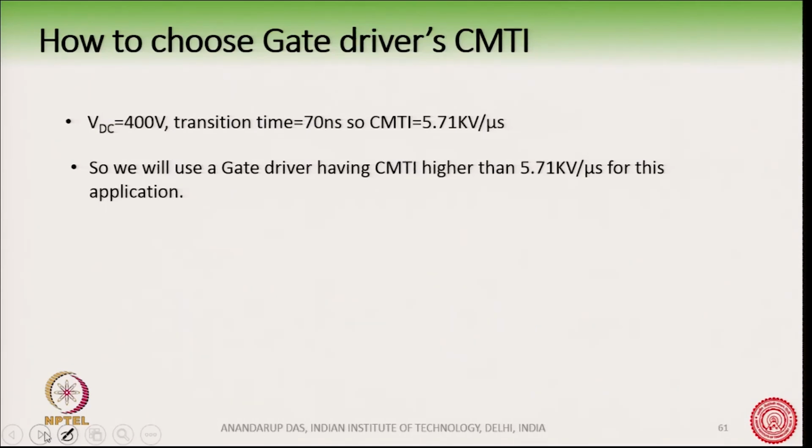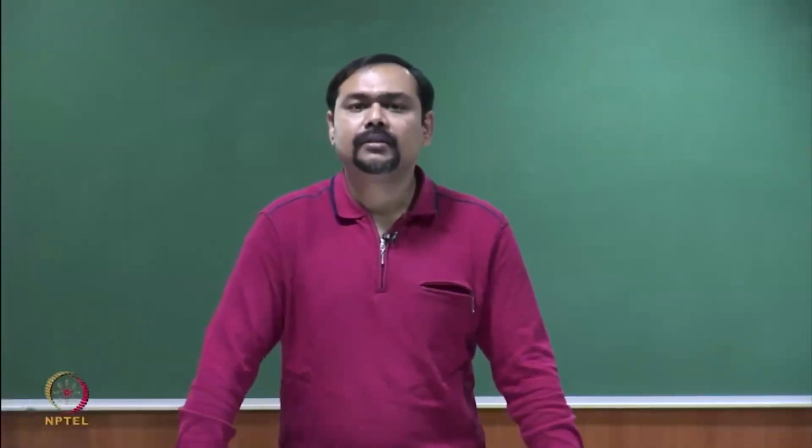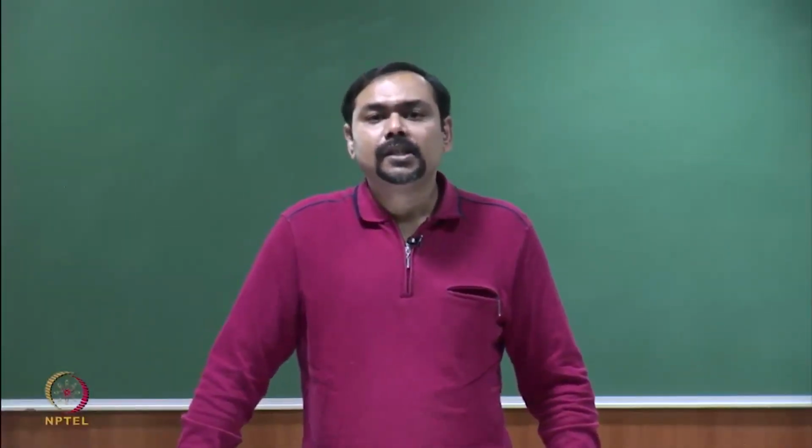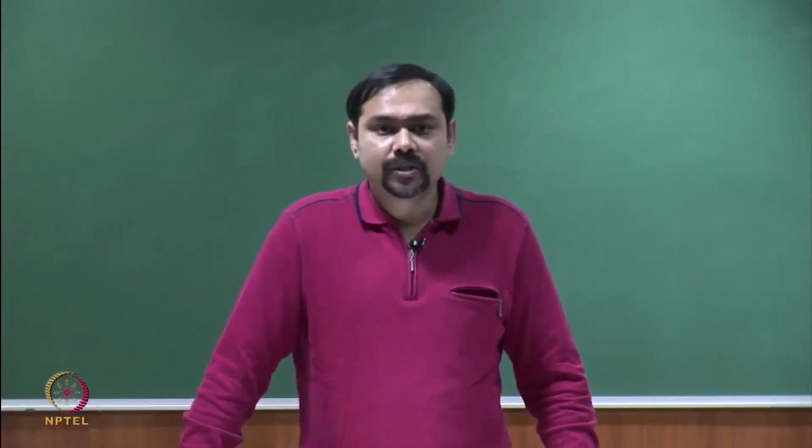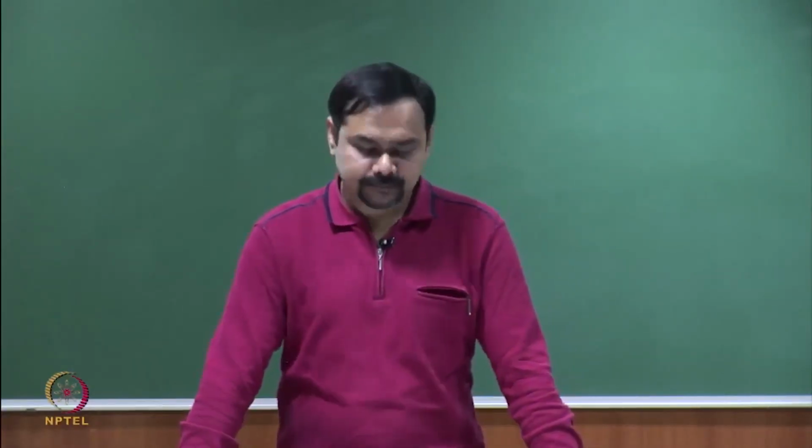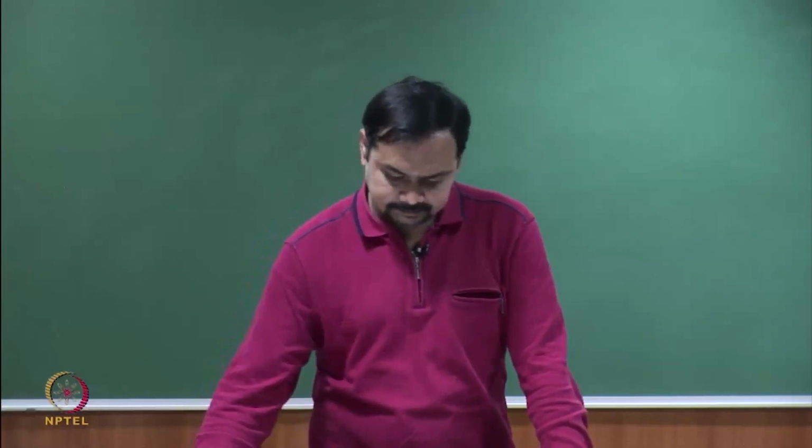So, we must use a gate driver IC having a CMTI value which is higher than this 5.71, and this is available in the data sheet of these gate drivers, and you should choose such a value. It is very important for silicon carbide or these high switching frequency devices.